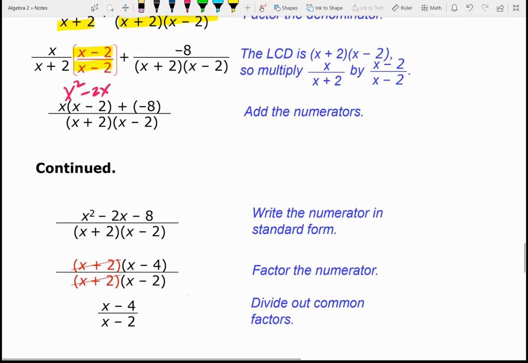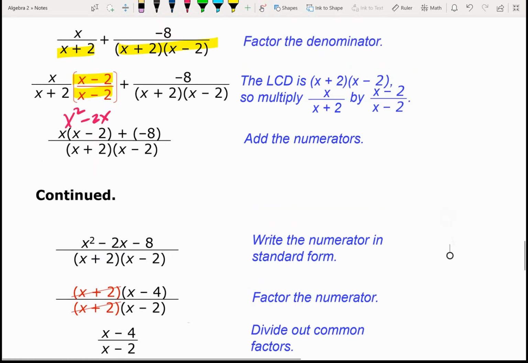Now, looking ahead, I can factor x squared minus 2x minus 8, and that's x plus 2 times x minus 4. And now I notice I can cancel out that x plus 2 with the x plus 2 in the denominator. So that gives me x minus 4 over x minus 2 simplified.